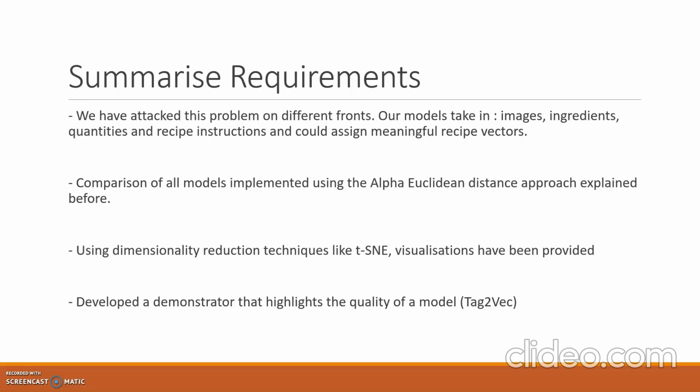Furthermore, we have managed to compare our models using a mutual evaluation metric, the alpha Euclidean distance approach, and we've also used dimensionality reduction techniques like t-SNE to visualize our models. And we've developed a demonstrator that highlights the quality of one of the models, the tag to vec model.